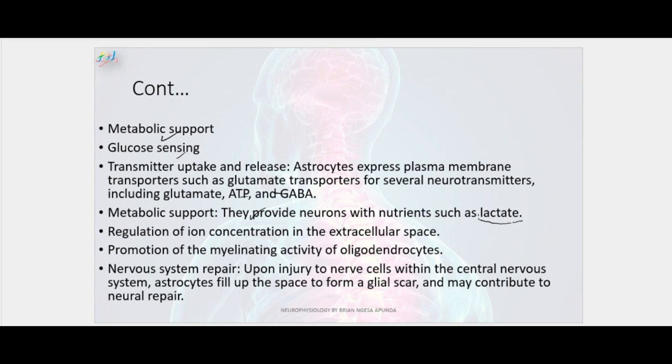Upon injury to the nerve cells within the central nervous system, astrocytes will fill up the space to form, fortunately, a glial scar. Maybe one thing that we did not mention: compared to other cells, neural cells are very slow in terms of regeneration.